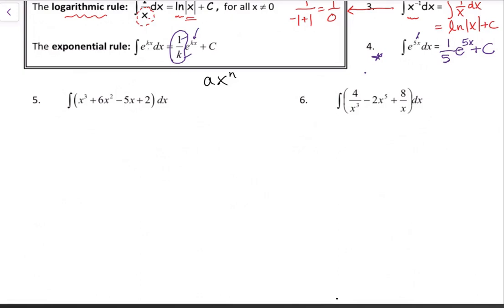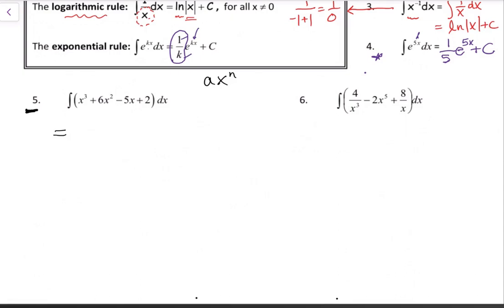Now, in this first example, number 5 here, notice that every one of my terms is written in that form. They all have a coefficient, a variable, and a power. I don't have any x's in denominators, don't have any roots. So I'm ready to integrate this particular function. I'm just going to follow my rule for each one of those terms in that polynomial.